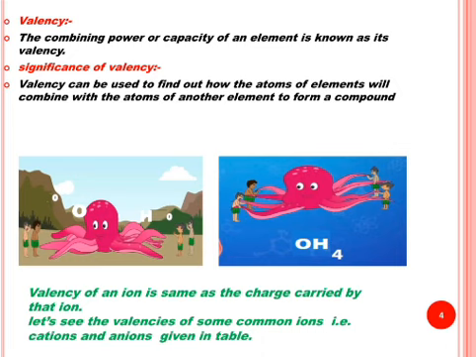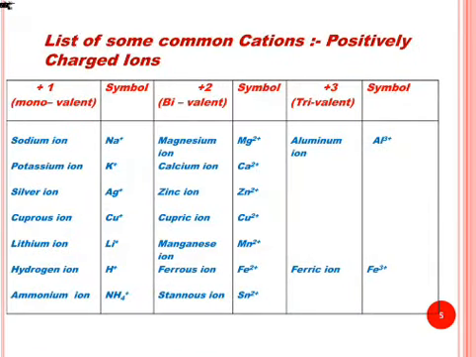Valency of an ion is same as the charge carried by that ion. Let us see valencies of some common ions, that is cations and anions, given in this table. Students, see the list of some common cations that are positively charged ions, which are categorized as monovalent ions, bivalent ions, trivalent ions.